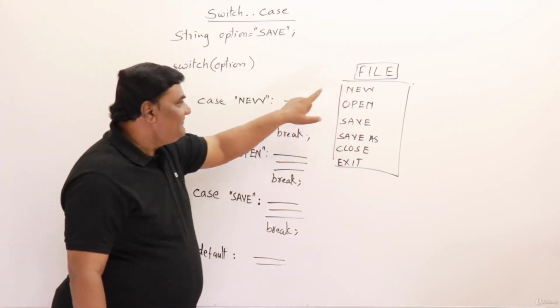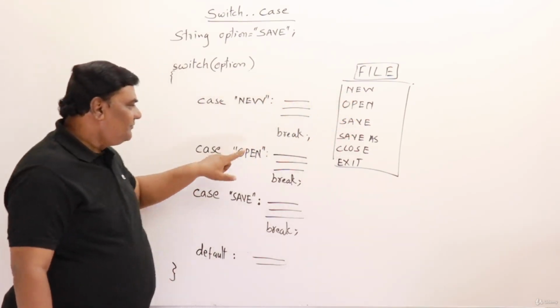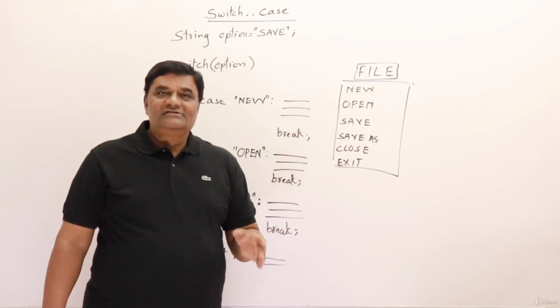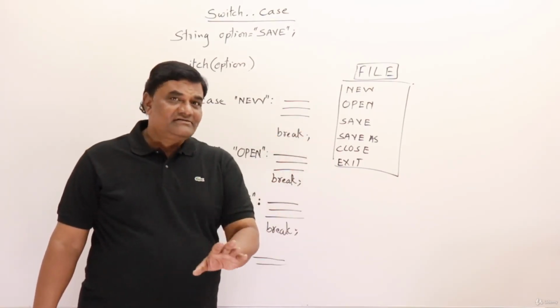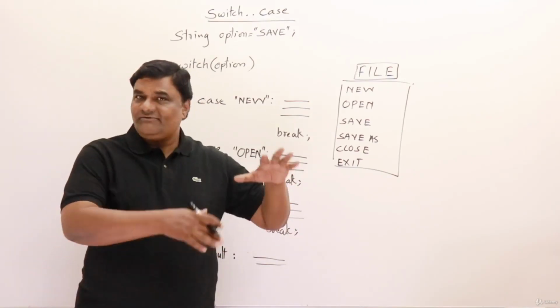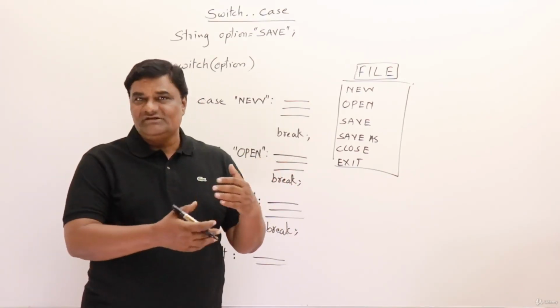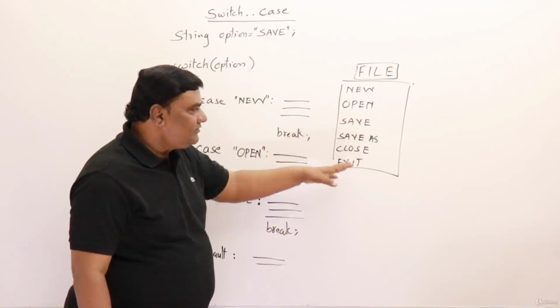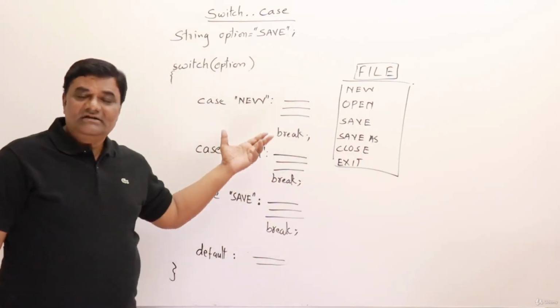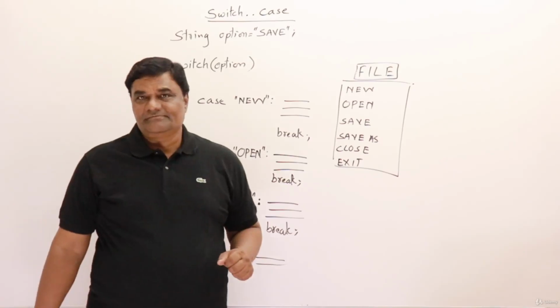So he can use the same name here, right? So open as it is. So it will be easy for us. Because of that, Java has introduced strings in switch cases. Otherwise it was difficult. Though we have to use switch case, but we have to use some alternative, give some codes and use some code number, like 1 means new, 2 means open. Like this we have to give the codes.